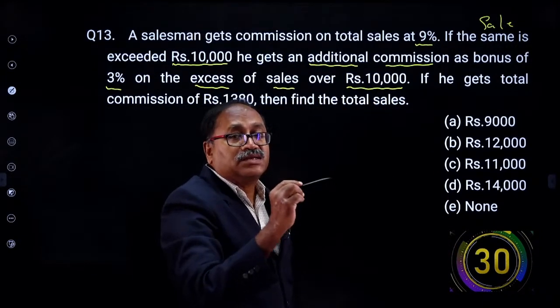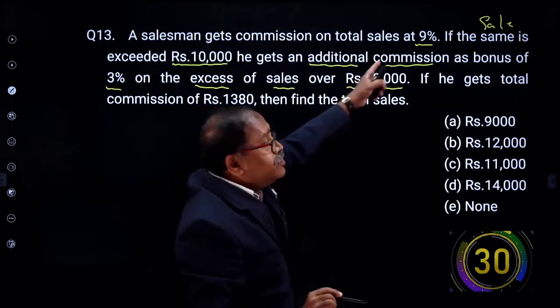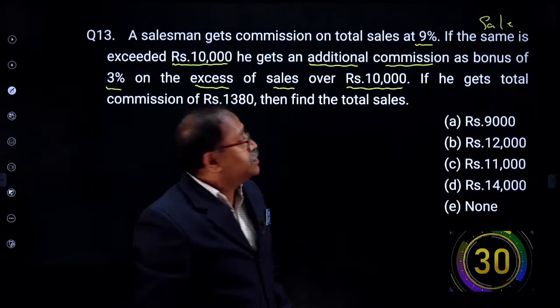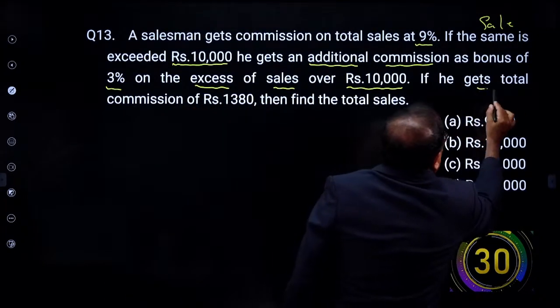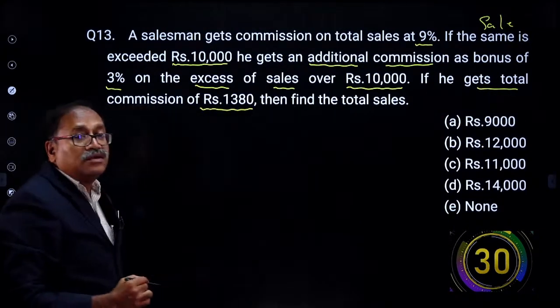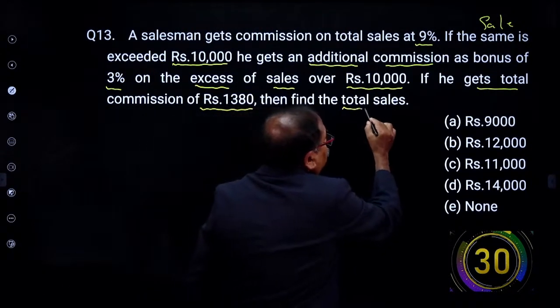On that extra sale, he gets an additional bonus of 3%. He will anyhow get the 9%, but another 3%, that is 12%. Now, if he gets the total commission of rupees 1,380, then what is the total sales?